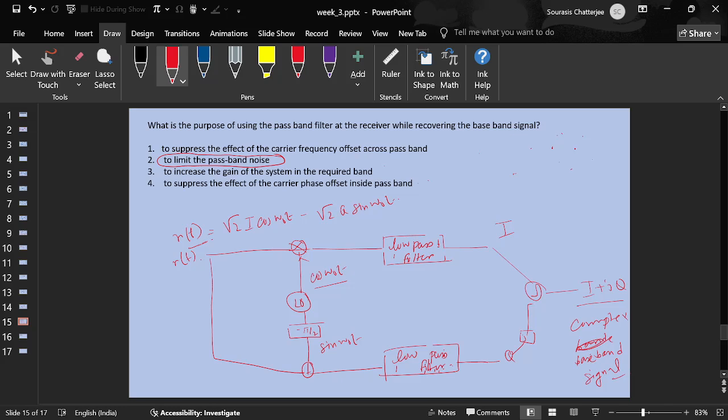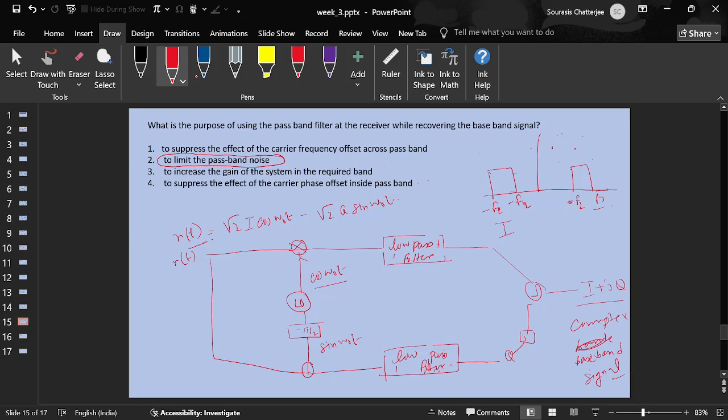So you are saying that earlier you are receiving signal, this is my signal part, that is limited between these frequencies, minus f2 to minus f1 and f1 to f2 here.